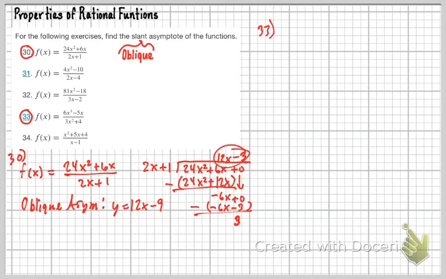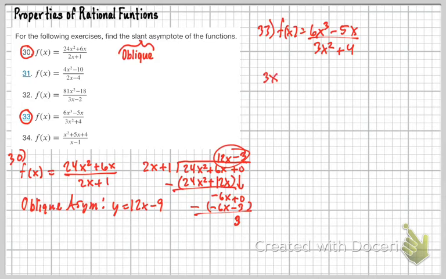So that simply means we're going to take, and I'll just write this back out again, f of x equals 6x cubed minus 5x over 3x squared plus 4. And then we're just going to do the same thing. So I'm just going to take the bottom.